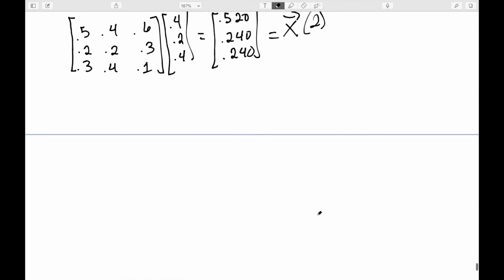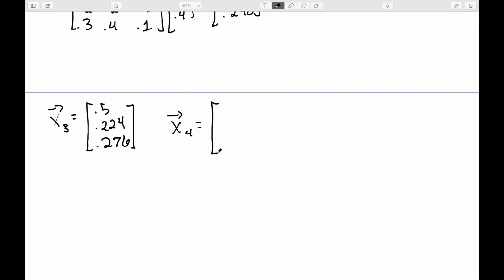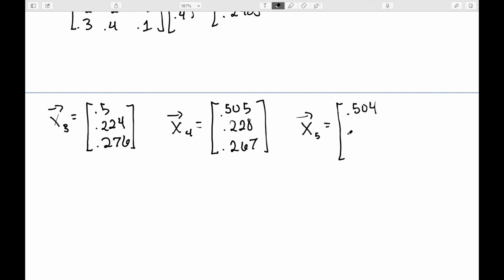If we do, we get that x3 is equal to 0.5, 0.224, 0.276. x4 is 0.505, 0.228, and 0.267 approximately. 5 months later, we're at 0.504, 0.227, and 0.269 approximately.